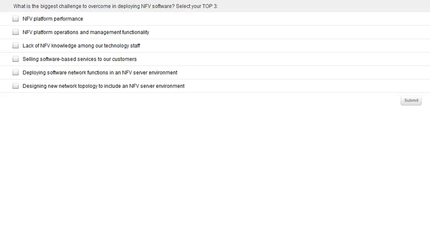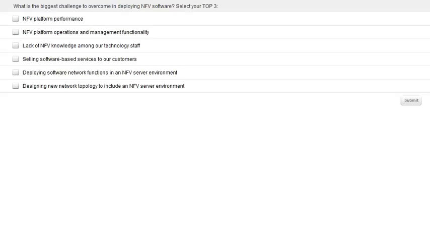Is it NFV platform performance that is the biggest challenge, or is it the operations and management functionality of that platform that represents a challenge to you? Or is it the lack of NFV knowledge on your technical staff? Or is it that you now have to sell software-based services to your customer?